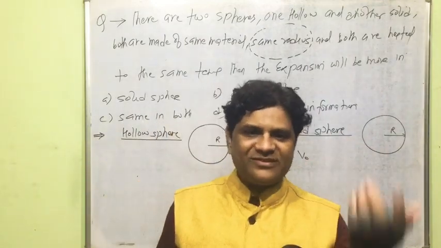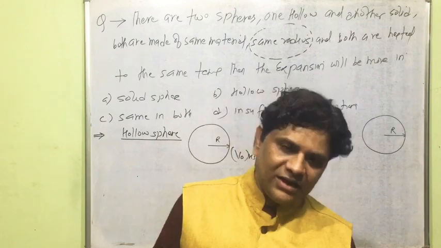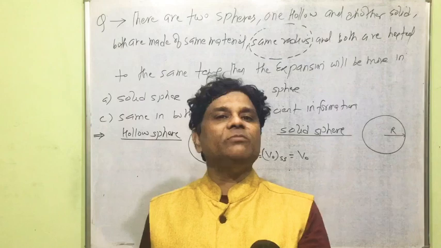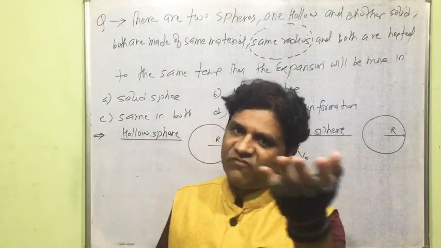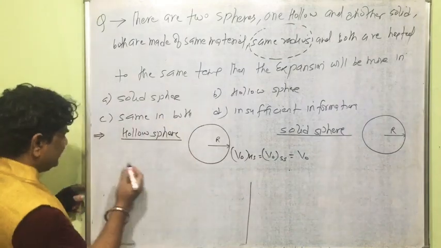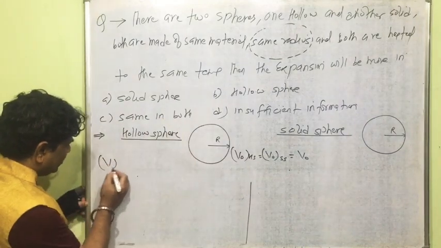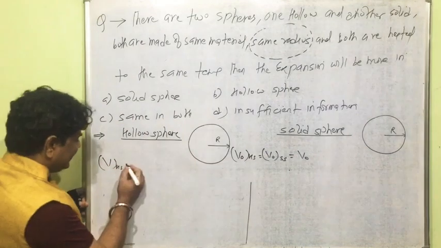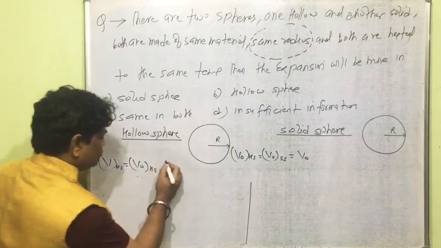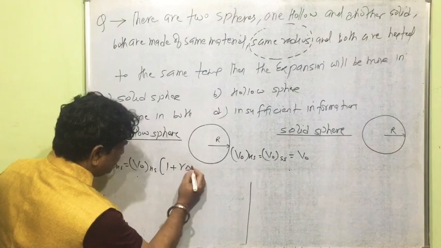Now both spheres are heated. If both spheres are heated, what will be the final volume of the hollow sphere and of the solid sphere? Tell me, what is the final volume of the hollow sphere? It is equal to the initial volume of the hollow sphere into 1 plus gamma into delta t.